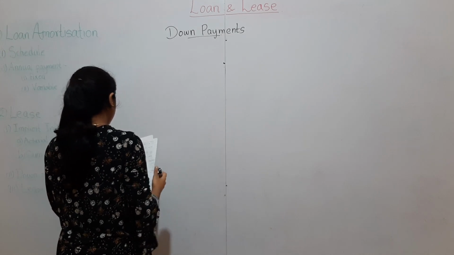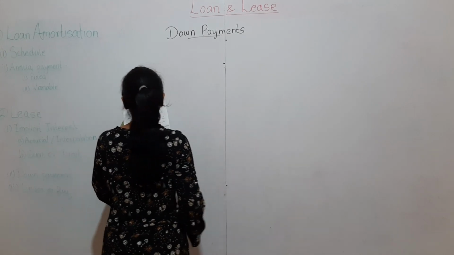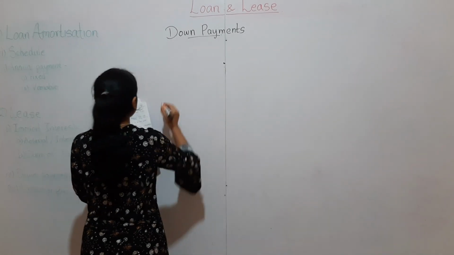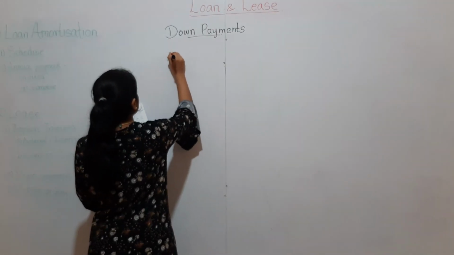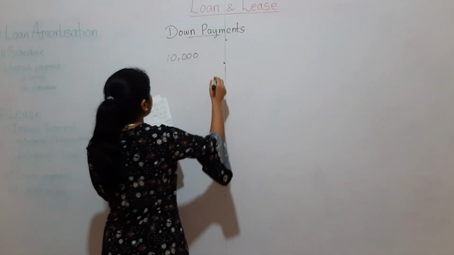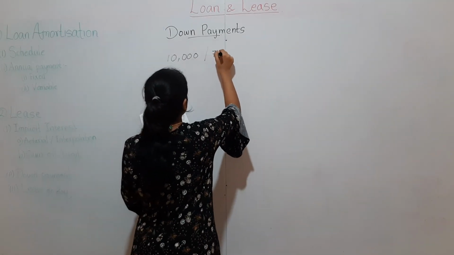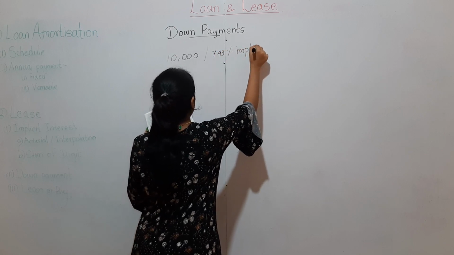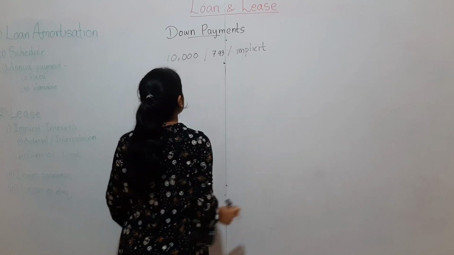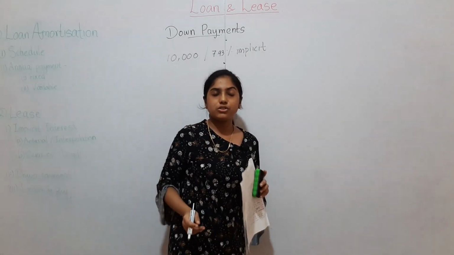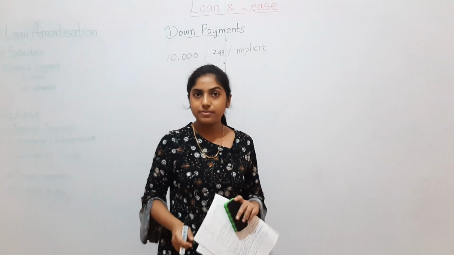See the example. T Limited is purchasing a vehicle on lease with capital of 10,000 rupees, at 7.93% implicit interest. When it comes to leases, we have the same amortization schedule just like for a loan.